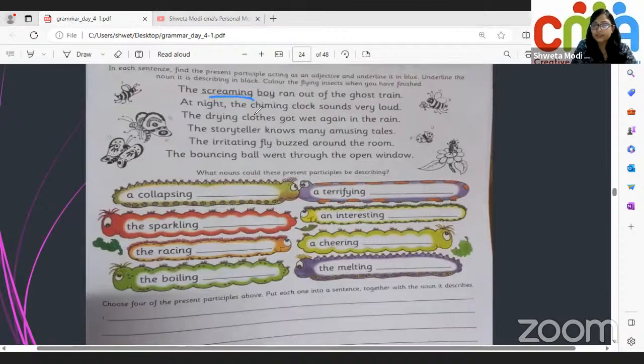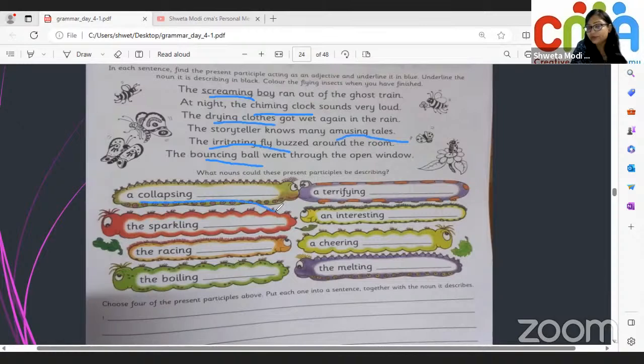So screaming boy, chiming clock, drying clothes, amusing tales, irritating fly, bouncing ball, behaving as an adjective. How is the boy? Screaming boy. Okay. So can all of you write in the chat box, any naming word.